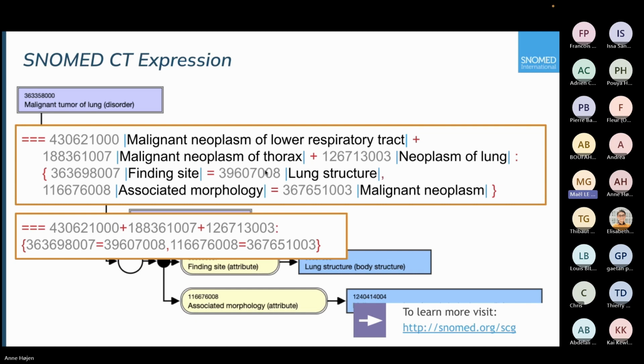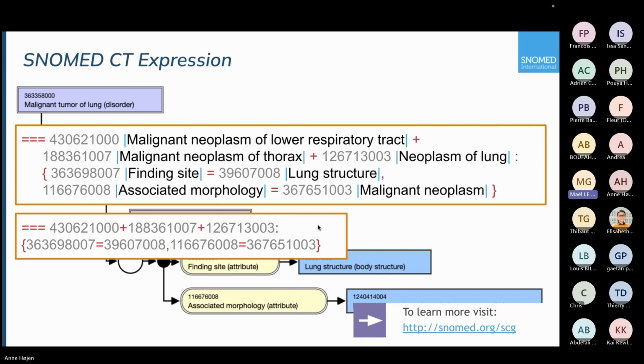And there is a long form that includes the terms. So this syntax here, the red parts is really the notation for the compositional grammar. And then we have the compact form here, which is easily computer processable, but harder for humans to understand. So that's why we have both the long and the short form. If you want to learn more about the compositional grammar, you go to snomed.org/SCG.